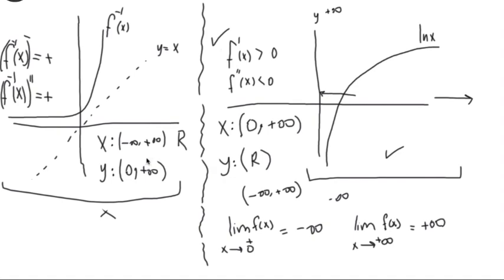And also, whenever you take the inverse of a function, the range of the original function would be the domain of the inverse function. This is a very important point that you need to consider all the time that you take the inverse of any function. The domain and range are flipped when you take the inverse.